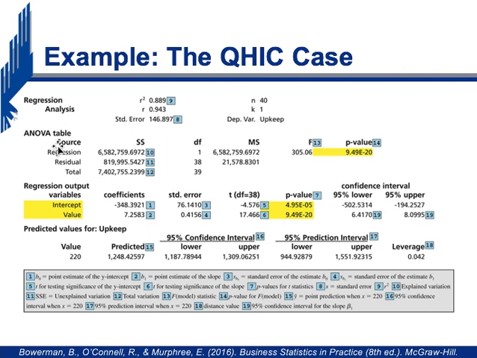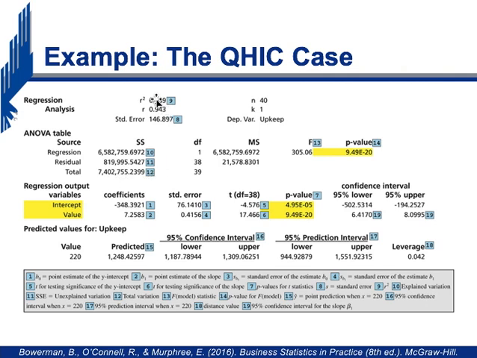Now, we also have another table for ANOVA. So we have SS for regression, residual, and total. As shown here in the legends, this value is the explained variation, which you can use to compute for R squared, while 11 is the unexplained variation and 12 is the total variation.